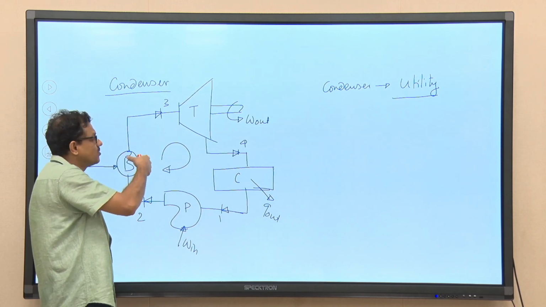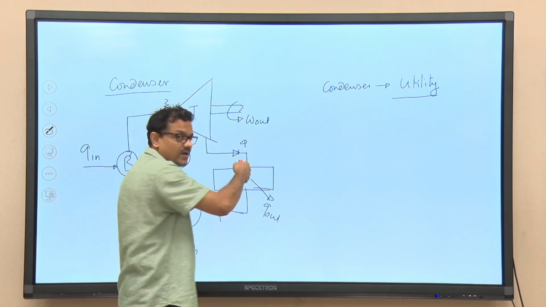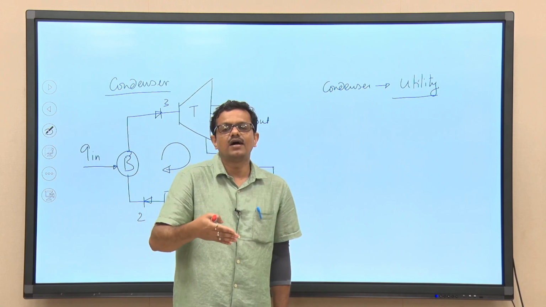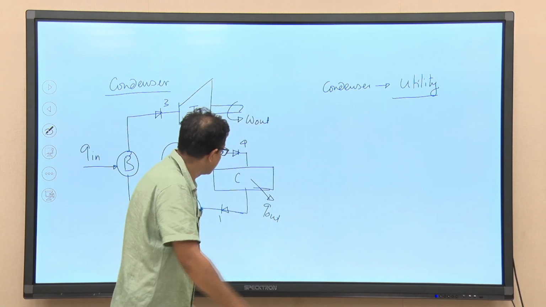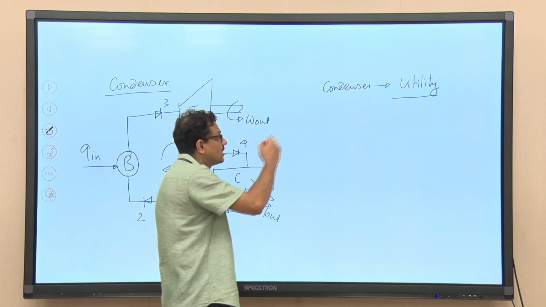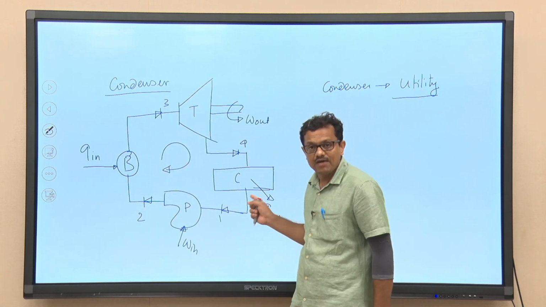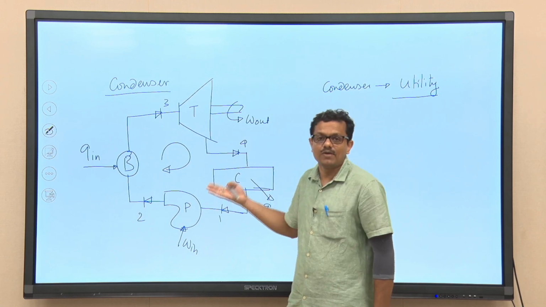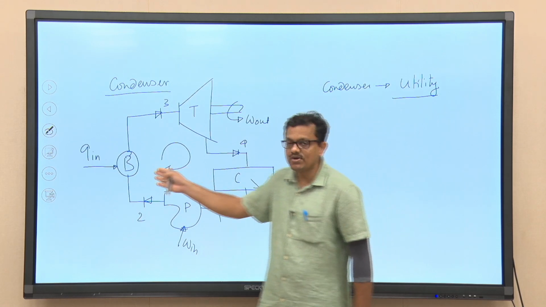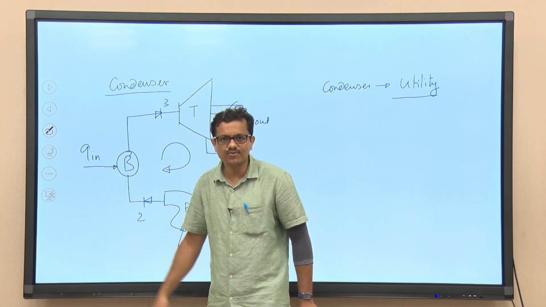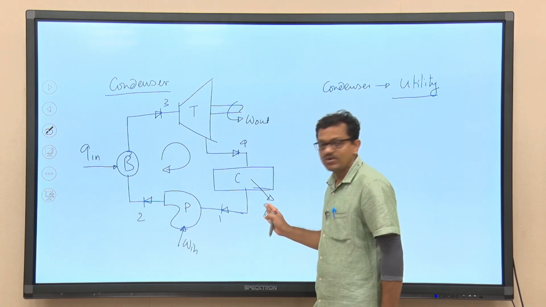Upon receiving that heat, we are getting work output, but to satisfy the second law of thermodynamics, there must be a heat sink, and that is why this condenser is used. So, the necessity of this condenser is that, knowing fully that we are going to reject a certain amount of energy, though that energy was added into the system by burning coal or any other fuel, still we are going to reject this.